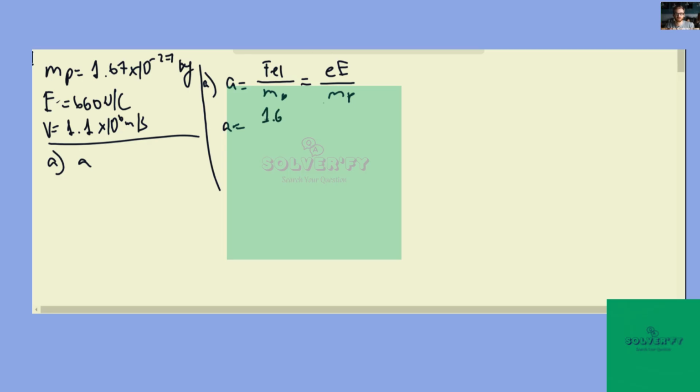The charge equals 1.6 times 10 to the power of negative 19 coulombs times 660 newtons per coulomb, divided by 1.67 times 10 to the power of negative 27 kilograms. So now we can calculate this acceleration.